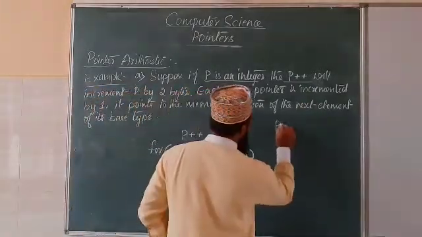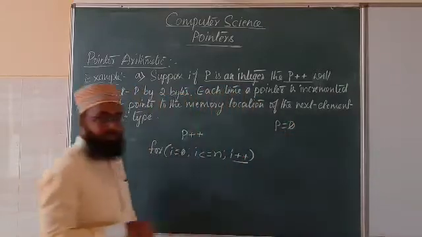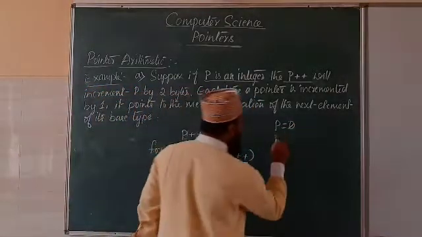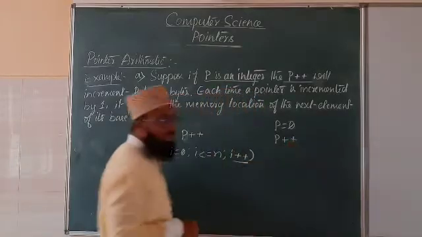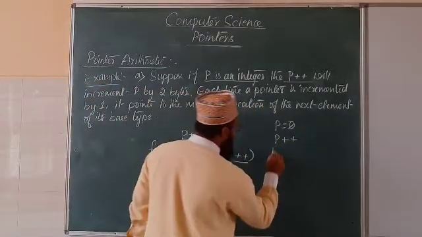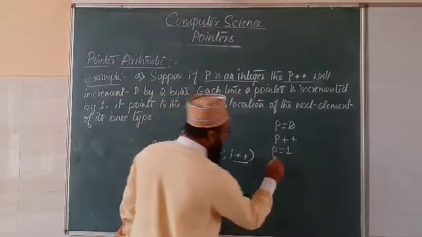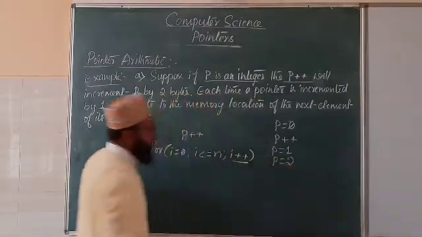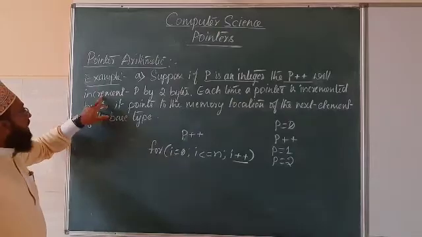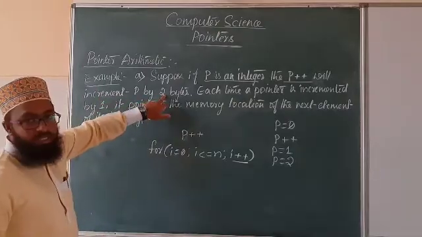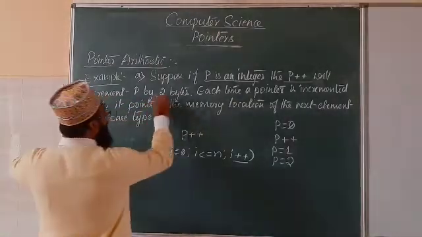If the value of p is 0 and we use p plus plus, then the value of p will become 1, and in the next repetition the value of p will become 2. Like this, increment by 2 bytes.